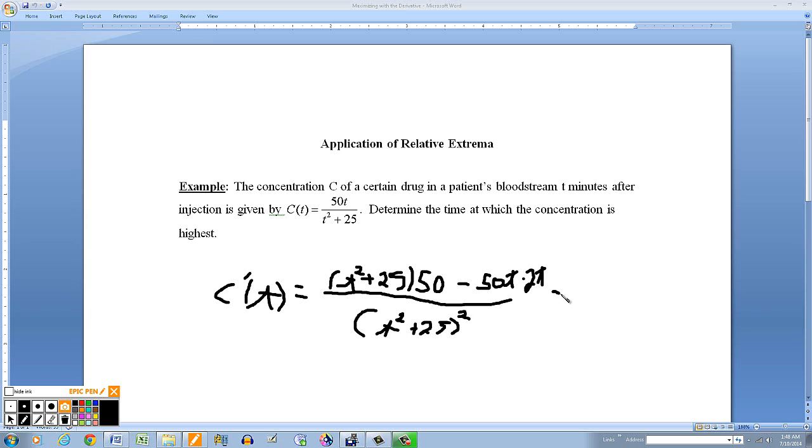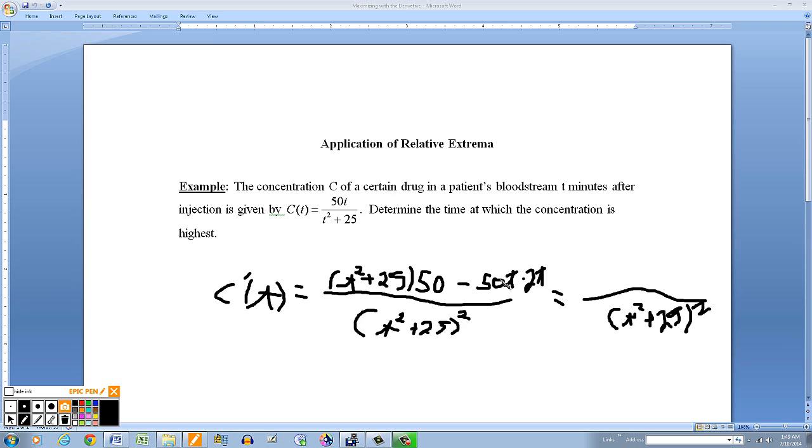And then I simply simplify this out. In the bottom, I'm still going to have t squared plus 25 quantity squared. And on top, I multiply through here by 50, which gives me 50t squared. And on this term, minus 50t times 2t is minus 100t squared.